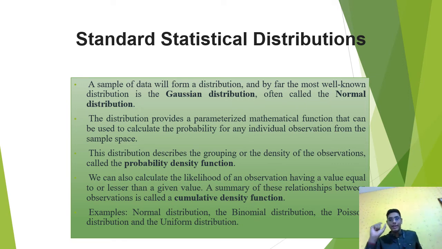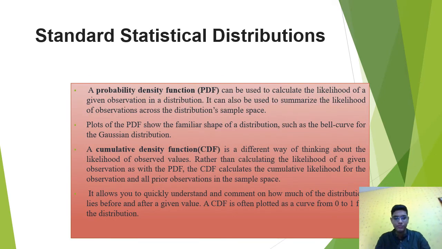The summary of this relationship between the observations recorded is called the cumulative density function. What are the examples? The normal distribution, the binomial distribution, the Poisson distribution, and the uniform distribution.